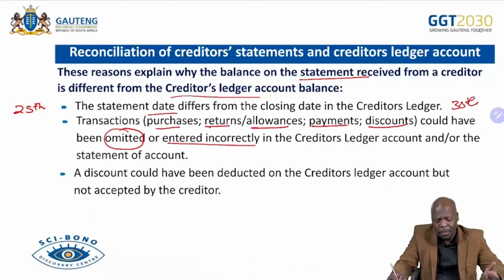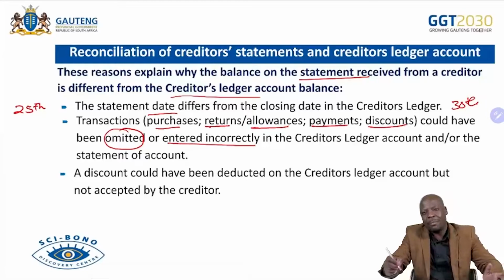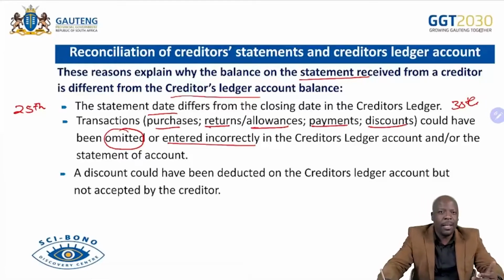The third aspect is when a discount could have been deducted on the ledger but not accepted by the creditor. It happens at times when the creditor says, if you pay by this particular date, you will qualify for a particular discount. So when we send through our payment and maybe we did not get the dates correctly, we already record discount on our part, yet the creditor rejects the discount. It can be for several reasons.